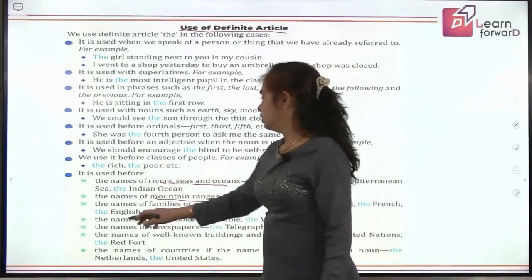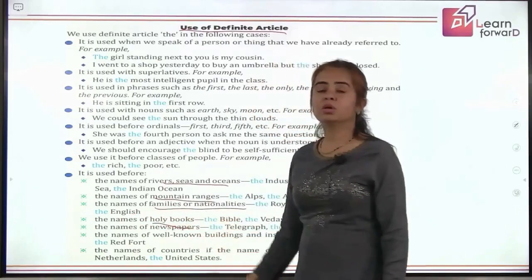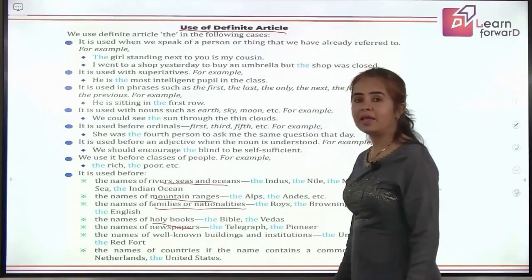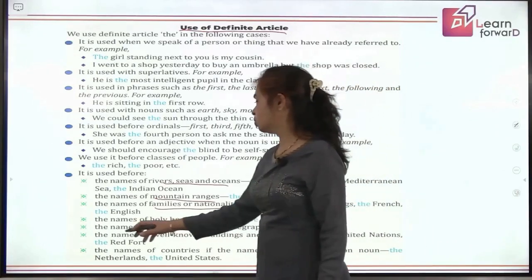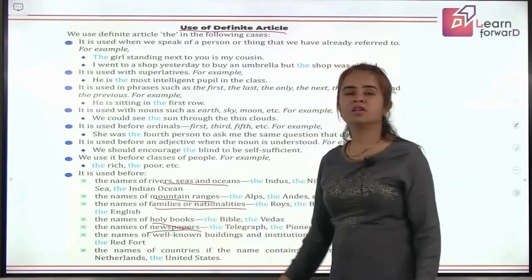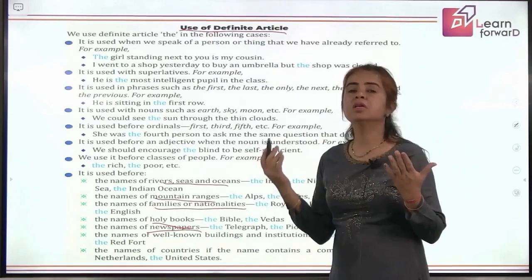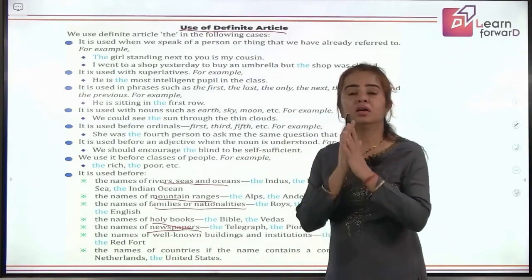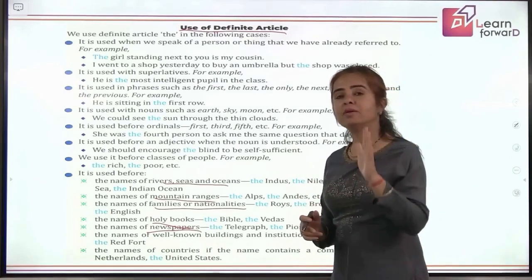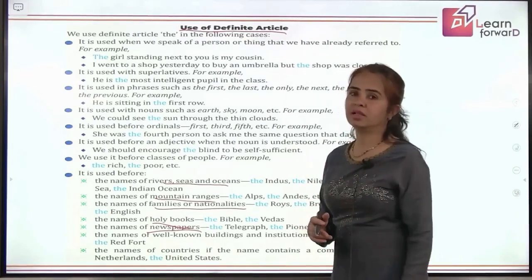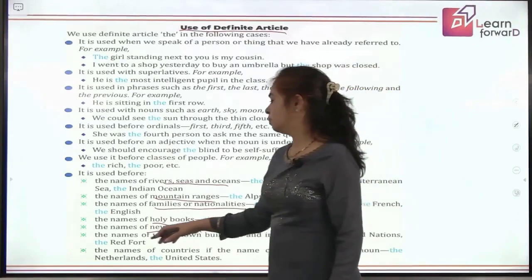Fine. The names of holy books: the Quran, the Bible, the Ramayana, the Gita, the Bhagavad Gita, right? So we use "the" with holy books also. The names of newspapers: if you read English newspapers, you would have seen the title of the newspaper starts with the Hindustan Times, the Times of India, the Economic Times, like that. Okay, so with the names of newspapers we use "the".